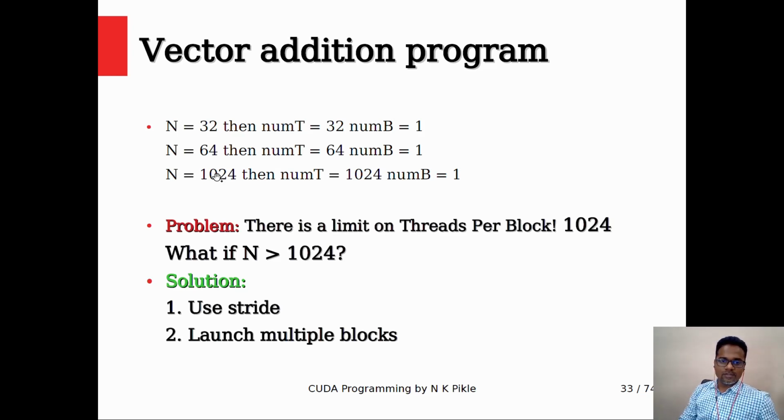But here in CUDA programming, I have the restriction that at most I can have 1024 threads per block. Fine. So one solution to that is using a stride, and the other solution is launching multiple blocks. In the next episode, we'll explore how we can use this striding concept to handle the case where the number of elements is greater than the maximum permissible size for the block dimension.